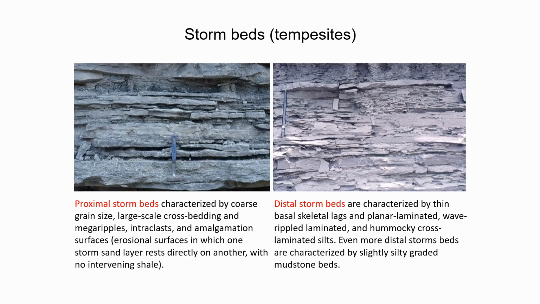These two pictures show the proximal storm deposit and the distal storm deposit. In the proximal storm deposit, we see coarse grain size, large-scale cross beddings and hummocky cross stratification. And in the distal storm beds, we see mostly hummocky cross-laminated silts.